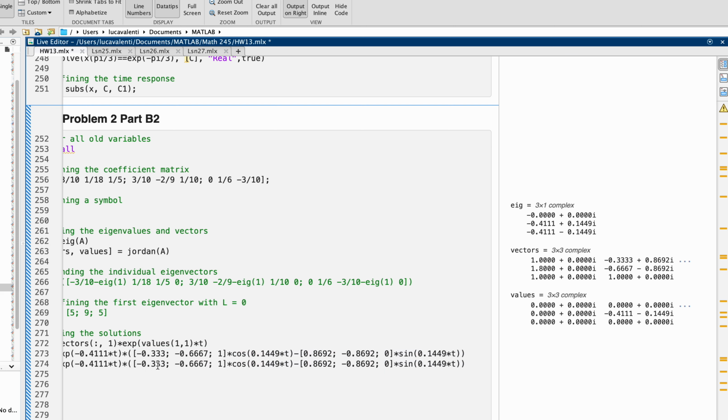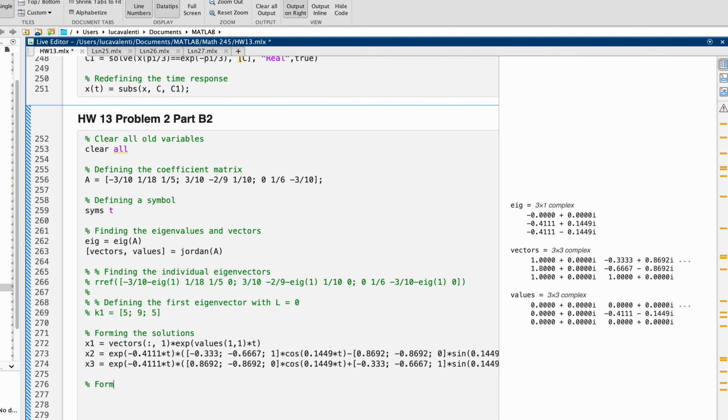And then from this, what I can do is I can just say, well, now I want the imaginary part here. I want the imaginary part here. I want the real part here. And I want this to be a plus.